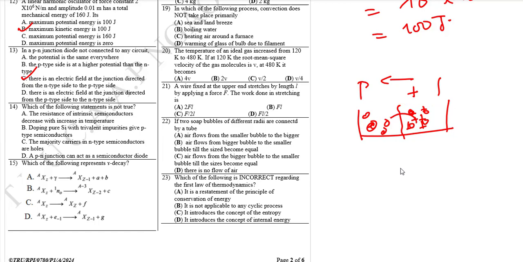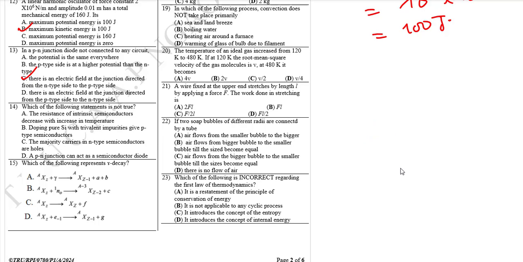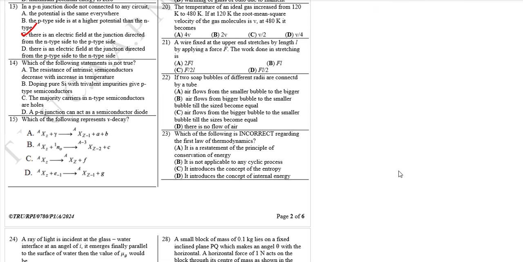Question number 14. Which of the following statements is not true? A, the resistance of intrinsic semiconductors decreases with increase in temperature. So we know that for semiconductors, when temperature increases, their resistance decreases. So that's a correct statement.